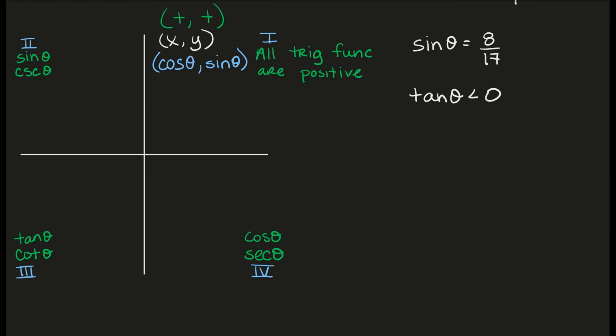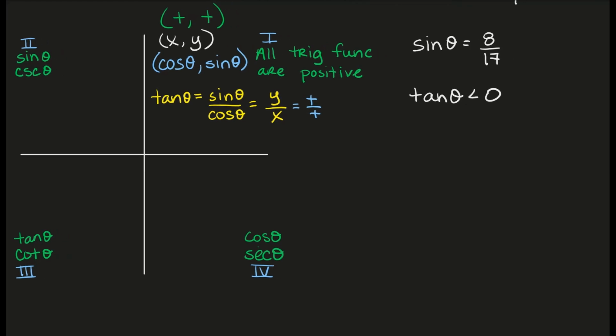Now, the reason tangent and cotangent are also positive is because we know that tangent of theta is the same thing as sine over cosine, or your y coordinate divided by your x coordinate. So if x's and y's are positive, then a positive divided by another positive obviously gives you a positive answer. So every trig function is positive in quadrant 1.